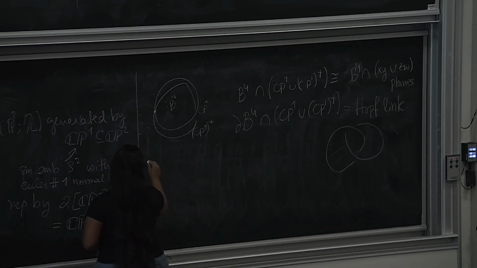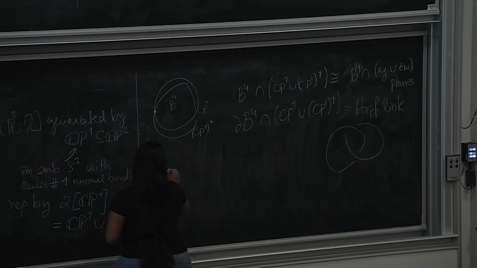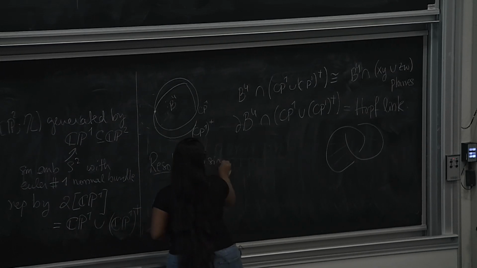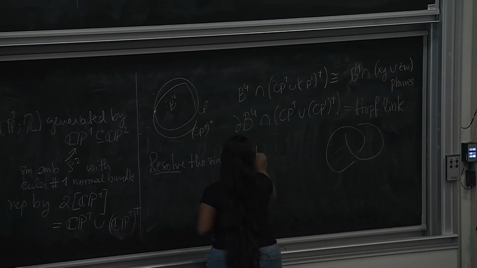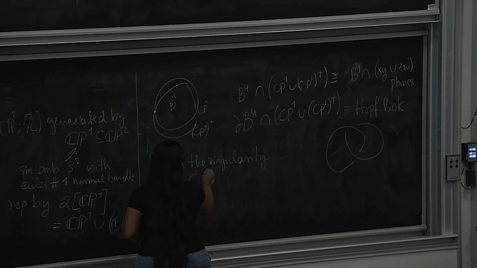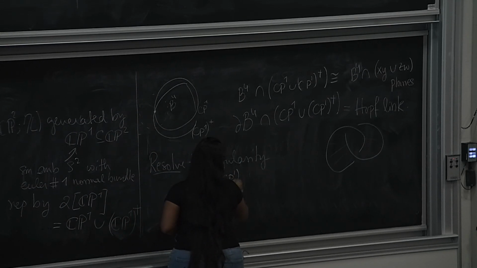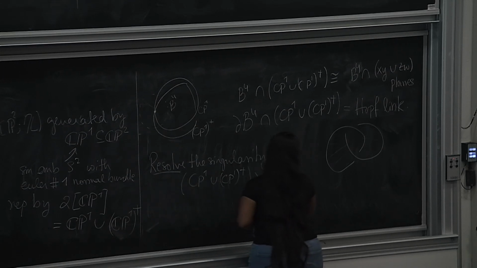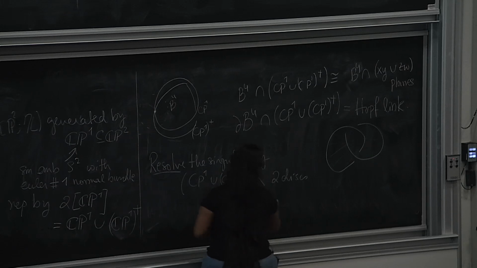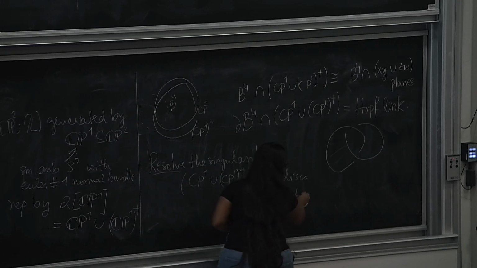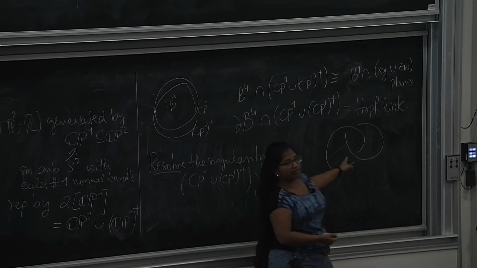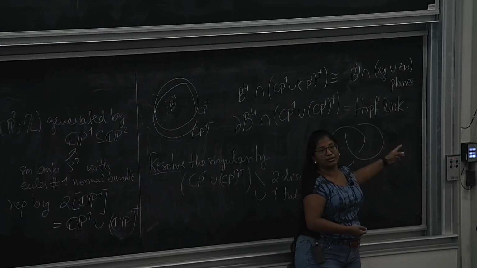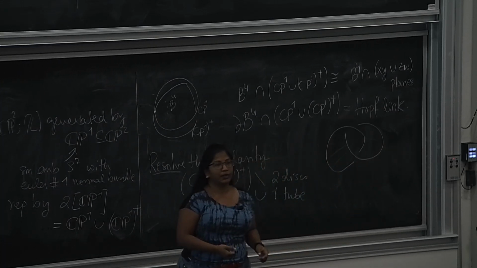So my representative, this is called resolving the singularity. I'm going to take CP1 union CP1 plus, remove two disks and then glue in one tube, meaning that annulus between these two components.